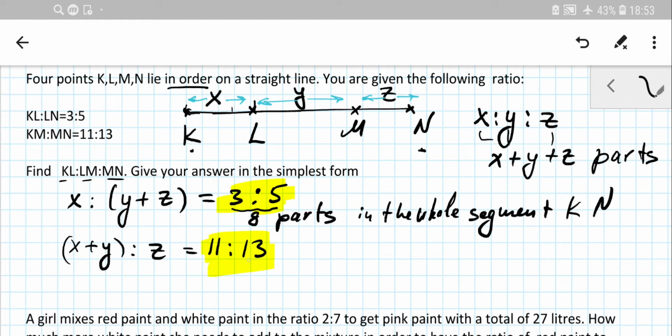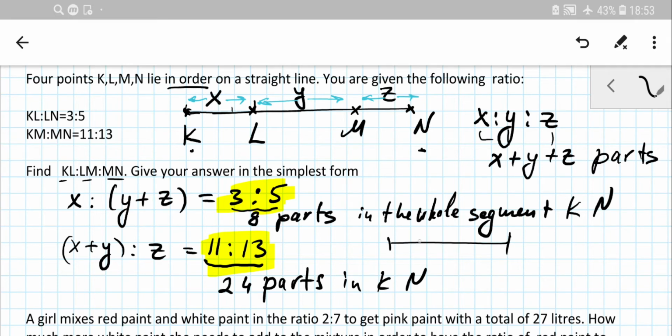But for the same length, here you've got 24 parts if you add 11 and 13. So 24 parts in the whole segment KN. If we have 8 parts here, each part is quite big, whereas for 24 parts, you need to divide additionally so that each part gets smaller.